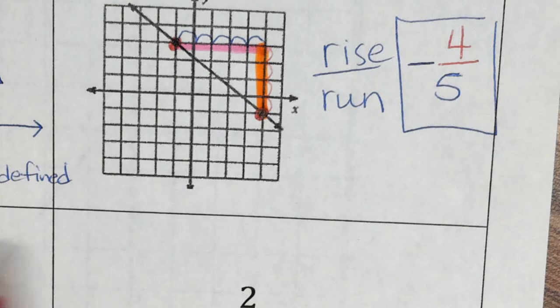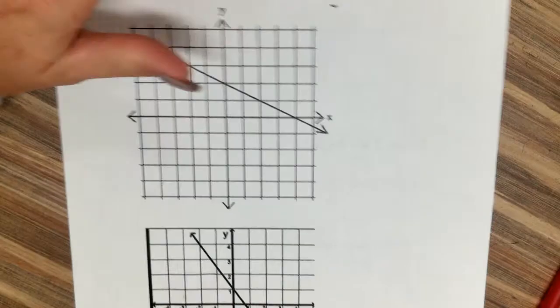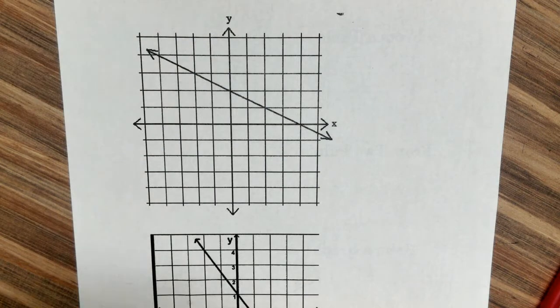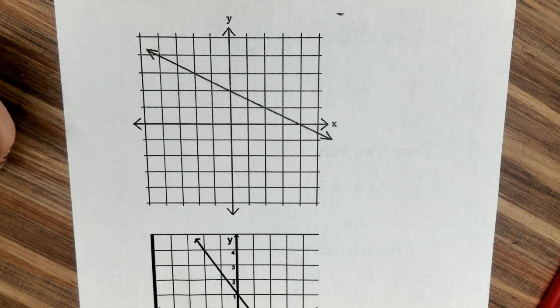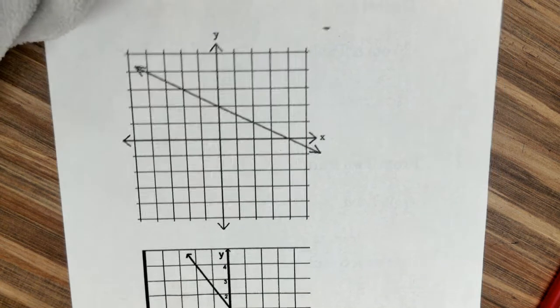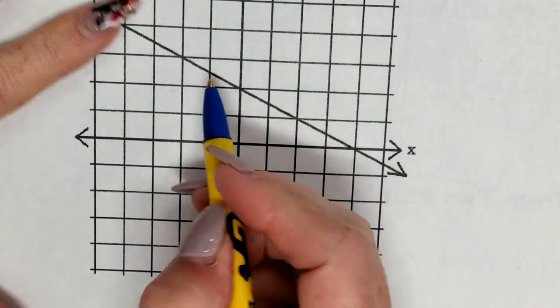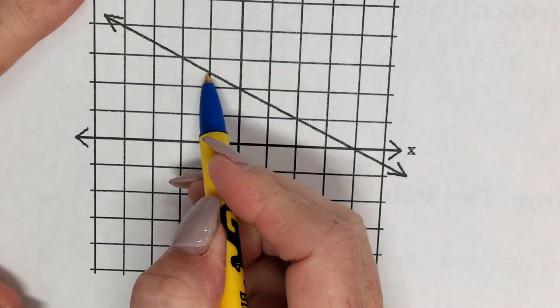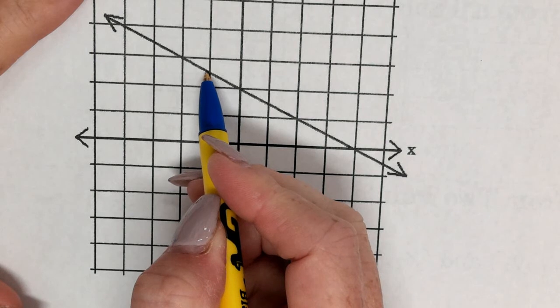Okay, real quick, flick to the back and let's do 2 more examples of rise over run. Now, what do you have to do on these 2 pictures? You have to pick 2 dots. Does it matter which 2 dots? Okay, y'all help me. Is this a dot? Why not?